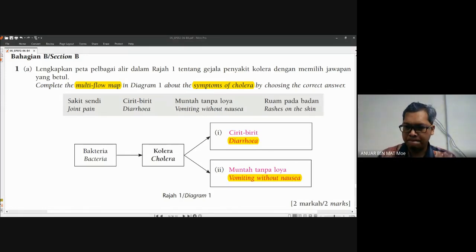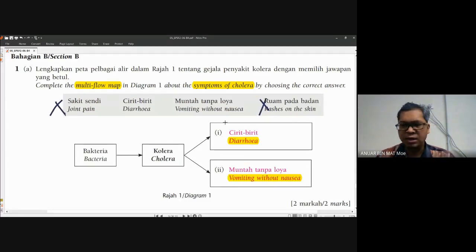Nausea, right? So these are the classic or the normal usual symptoms of cholera. Okay, so it is not joint pain, it is not rashes.